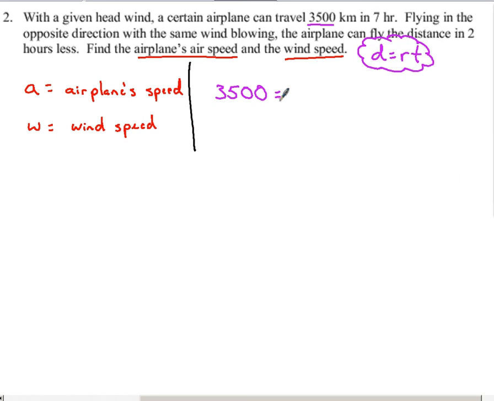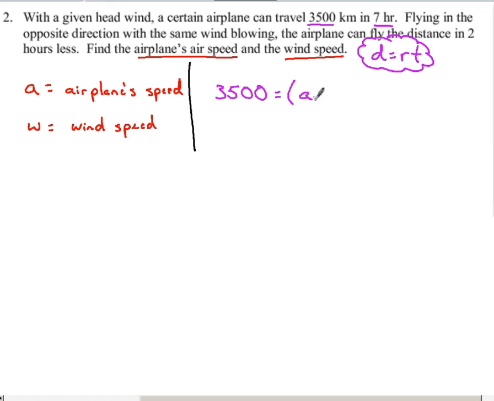let's see, what else do I know? Initially, it's talking about this headwind and how we're able to travel this in 7 hours. When we talk about a headwind, what are we talking about? The wind's blowing at you. The wind's against you, right? So if you want to figure out how quickly the plane's going, you have your speed that represents the airplane here.